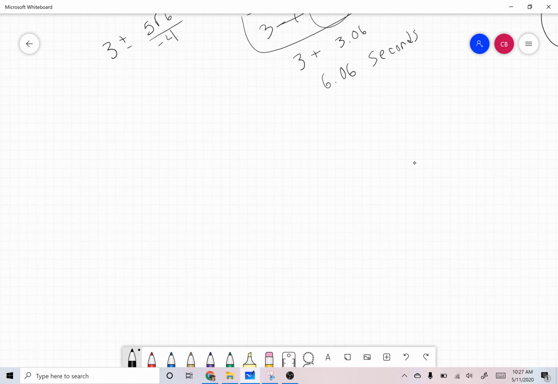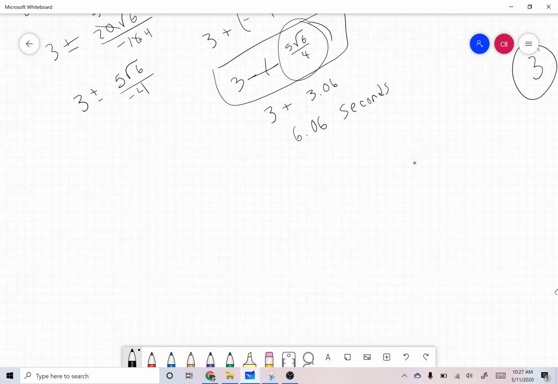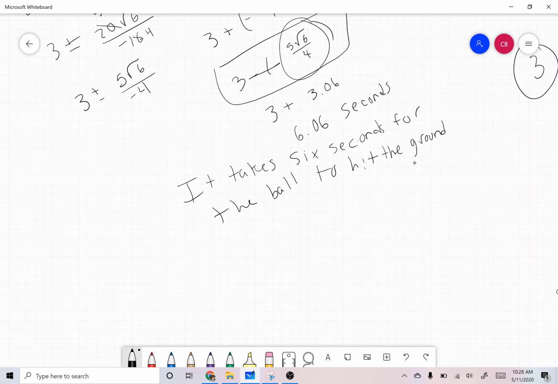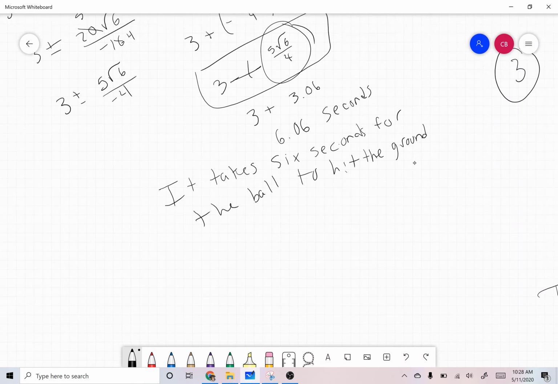Okay, so that means it takes 6 seconds for the ball to hit the ground. So it's a little bit over 6 seconds, but we could have kind of estimated that.